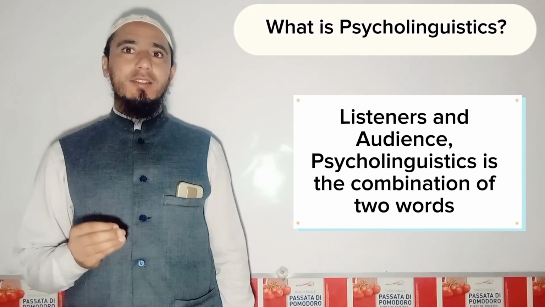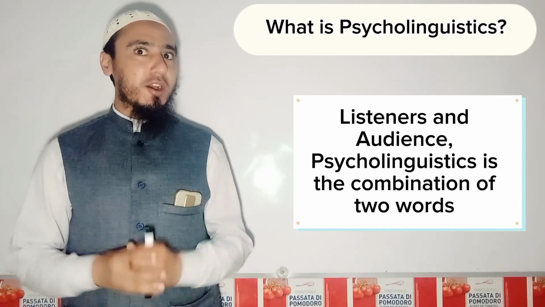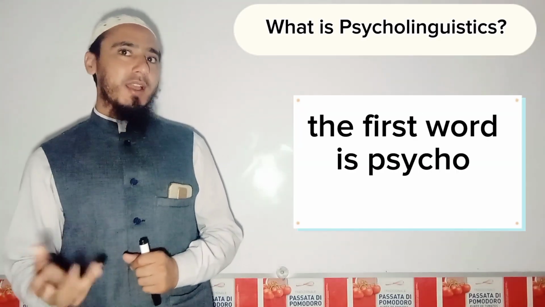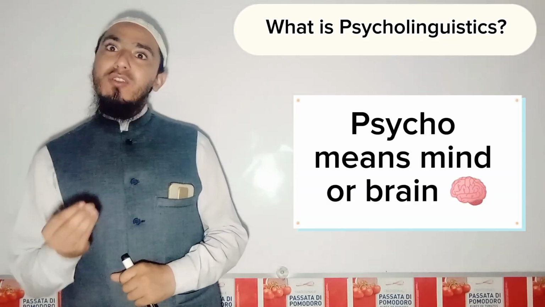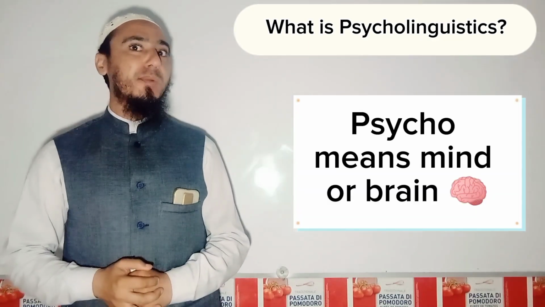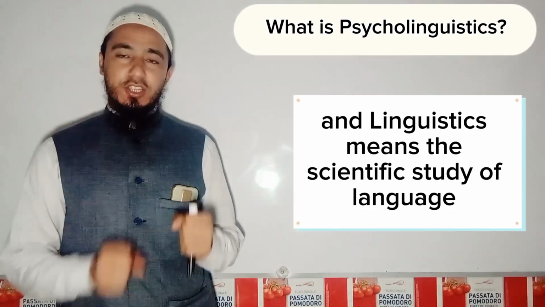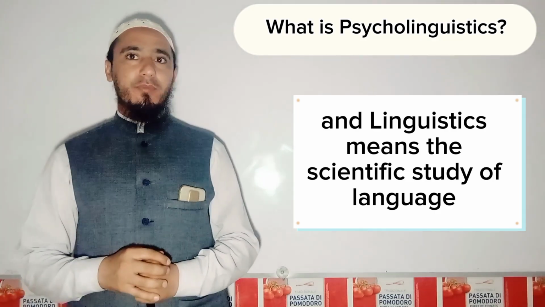Listeners and audience, psycholinguistics is the combination of two words. The first word is psycho and the second word is linguistics. Psycho means mind or brain, and linguistics means the scientific study of language.